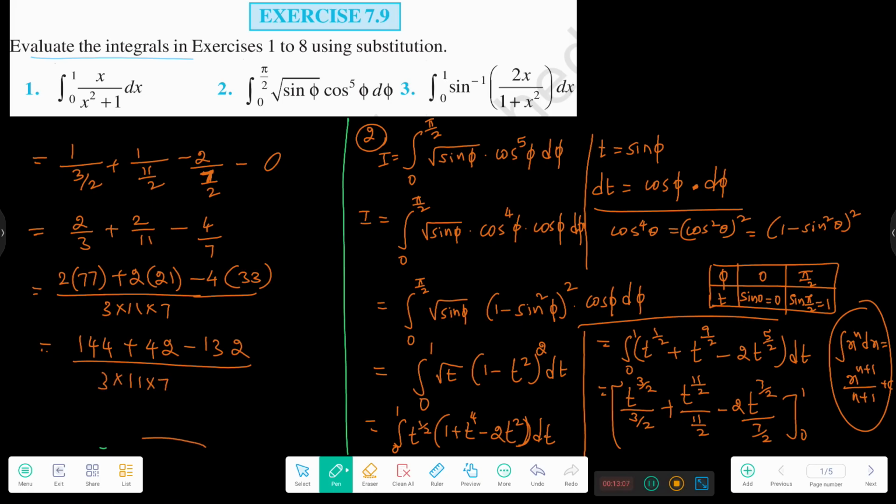If anything is possible to cancel, you can cancel. Now you subtract: 144 minus 132 is 12, plus 42 gives 54. So 54 divided by 231; it is not possible to cancel by the 3 table or the 11 table, so multiply everything: 77 into 3 is 231.